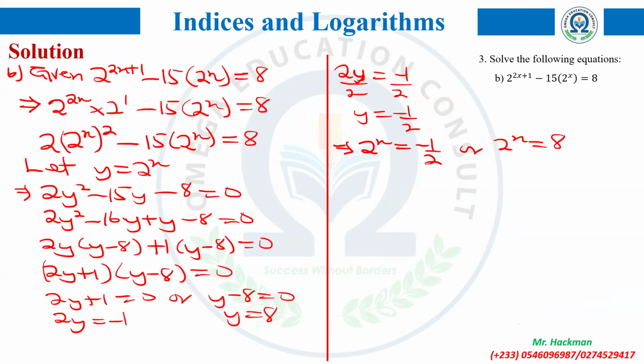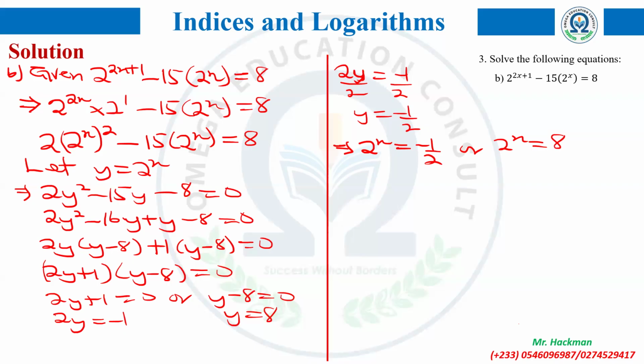Since it's negative, there will be no value of x for the first one. So what do we write? We write no solution. Perfect. As simple as that. Don't say anything else.